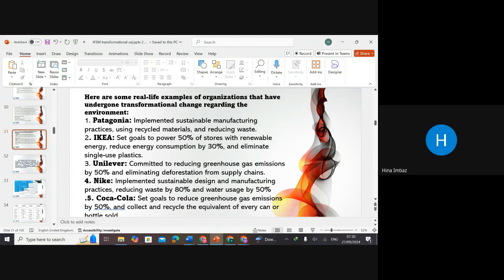Then we have Unilever. Unilever is committed to reducing greenhouse gas emissions by 50% and eliminating deforestation from the supply chain.